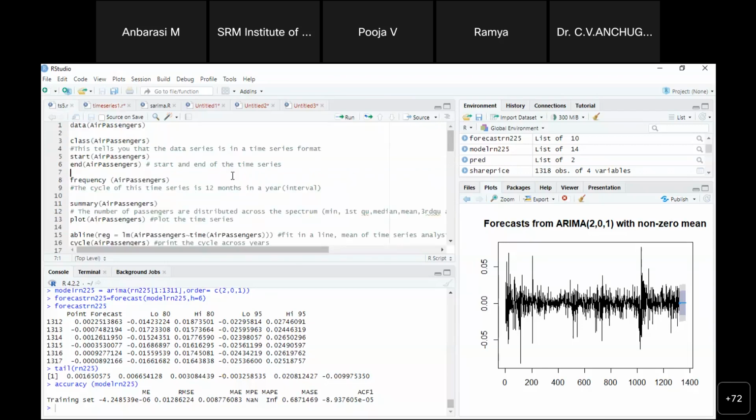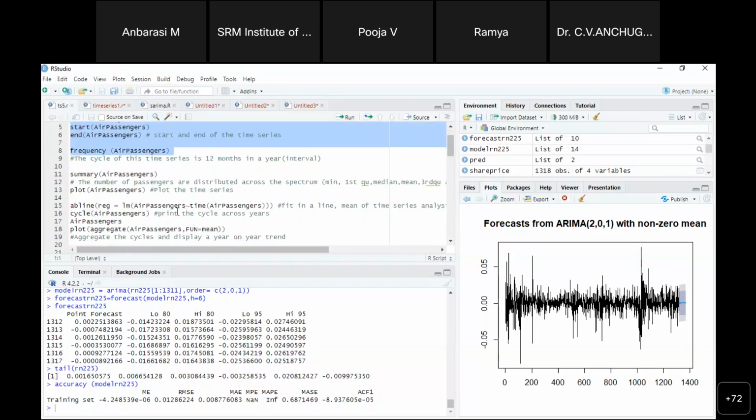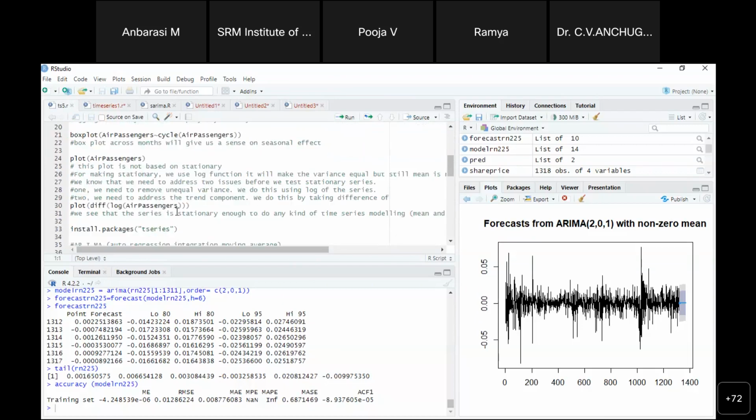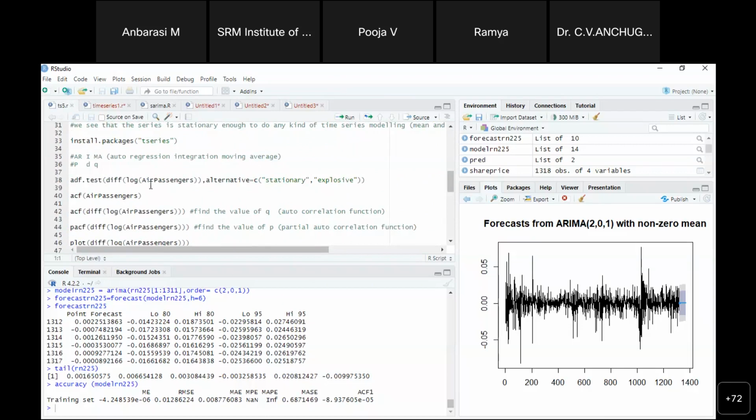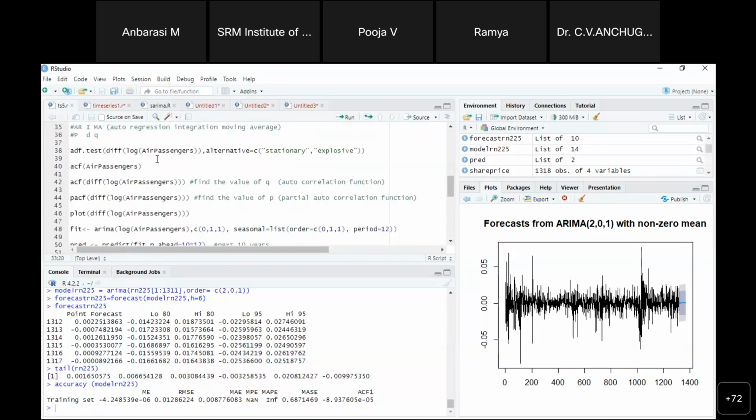We have another data set as well. Here also, as usual, we have to upload the data set. And here I'll tell you how to calculate the ACF and how we used to calculate it. Once you have converted the given data set, you have to install all the packages you want.